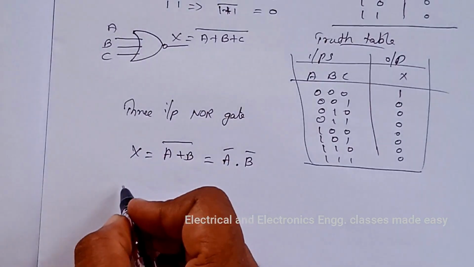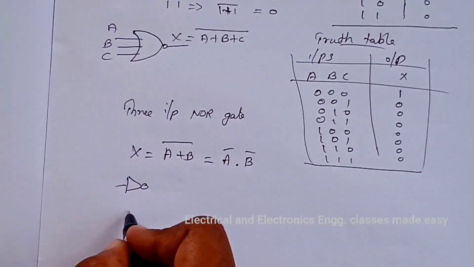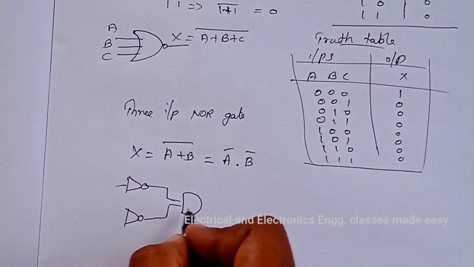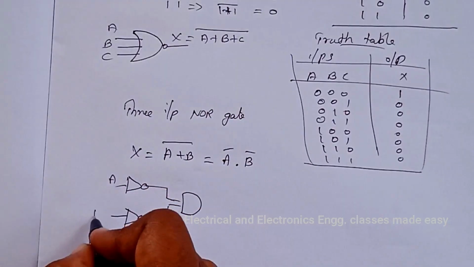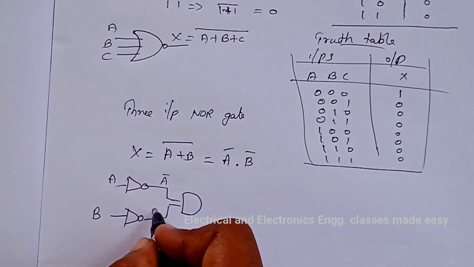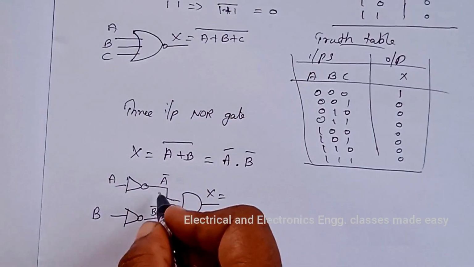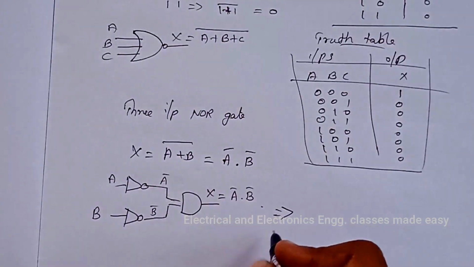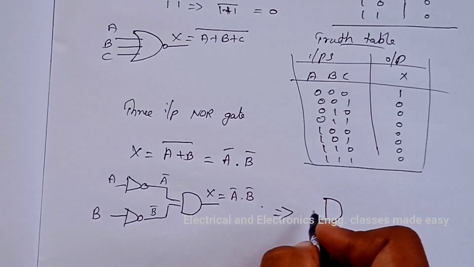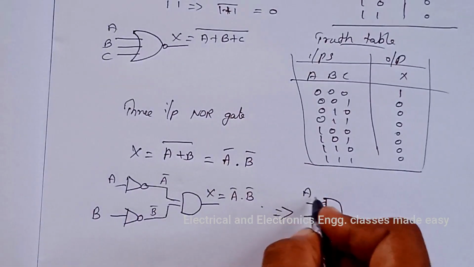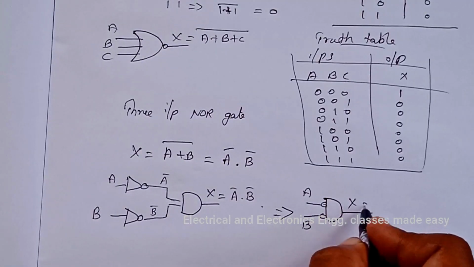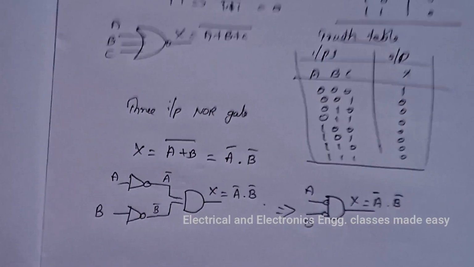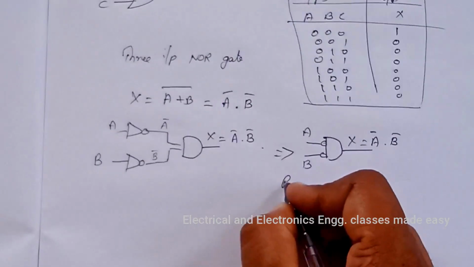That is, we can draw like this, two NOT gates and AND gate. So these are the inputs A, B. Here this is A bar, this is B bar, and the output X is equal to A bar into B bar. And this can be drawn like this, that is A, B, and the output X is equal to A bar into B bar. And this is called the bubbled AND gate.